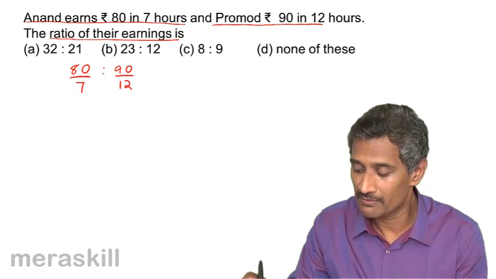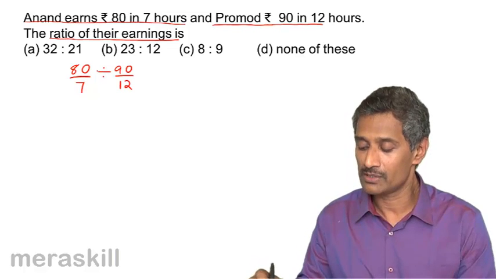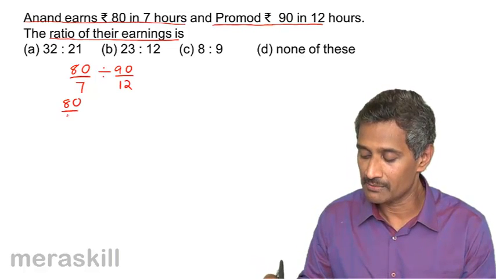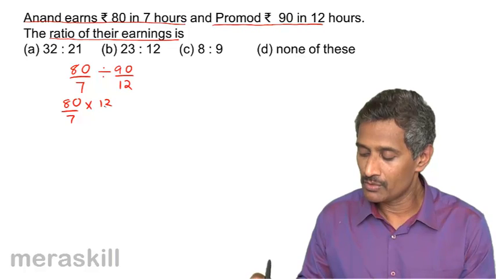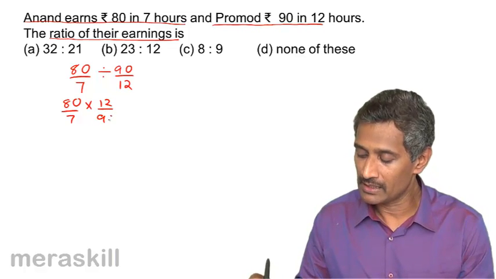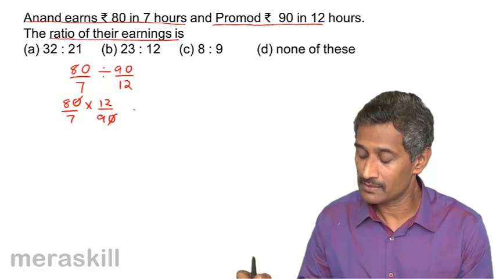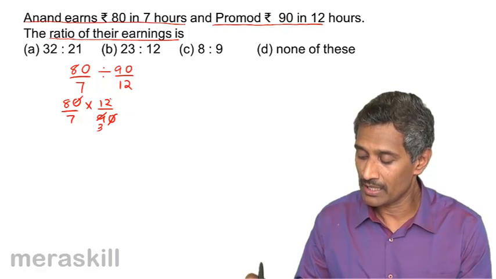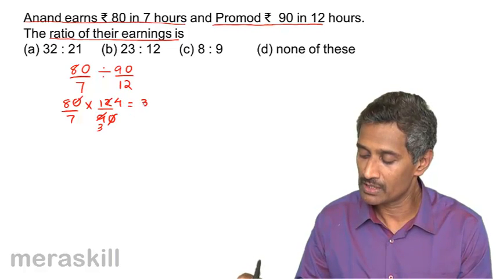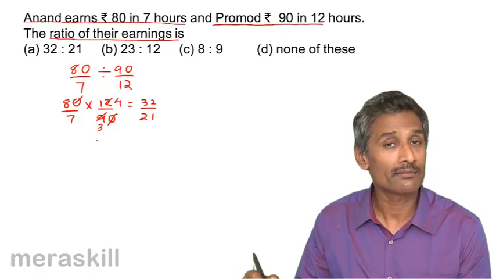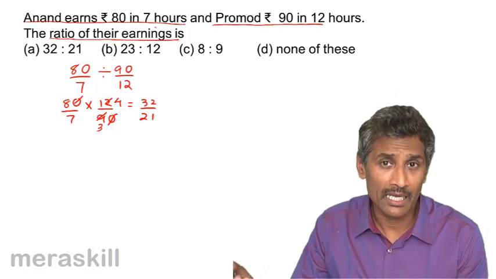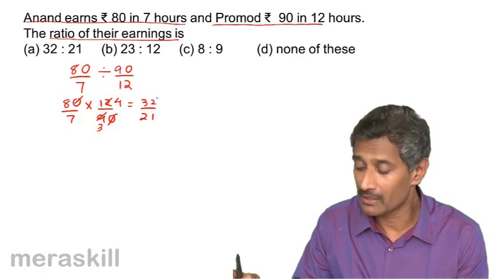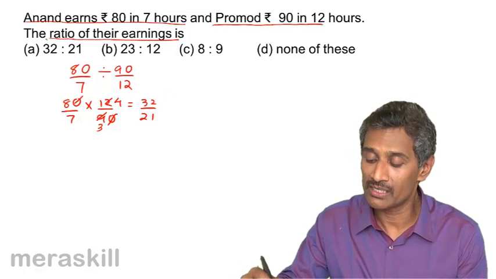So obviously, you'll divide the antecedent by the consequent, which is the same as 80 by 7 into 12 by 90. So this gets cancelled and you have 3 and you have 4, which is 32 is to 21. So the ratio of the earnings, in other words, the ratio of their earning capacity, is 32 is to 21.